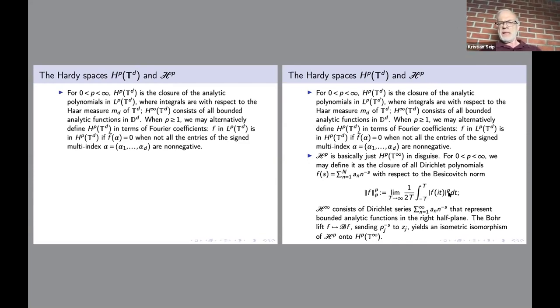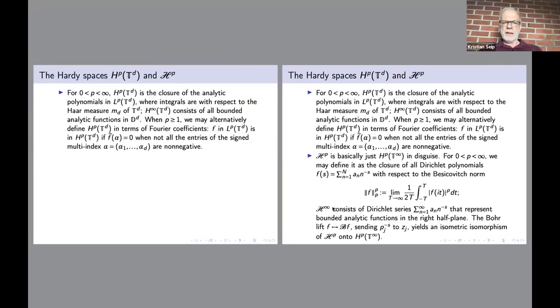So we take the L^p mean of our Dirichlet polynomial on the imaginary axis, it, and we let the t go to infinity. This defines a norm on the Dirichlet polynomials, and we take the closure of such polynomials with respect to this norm.